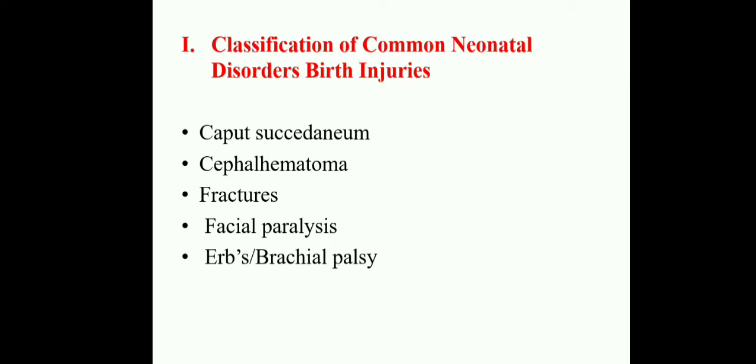The most common birth injuries in neonates are: first, caput succedaneum; second, cephalohematoma; third, fractures; fourth, facial paralysis; fifth, Erb's palsy or brachial palsy. These are the five conditions mostly seen under birth injuries, commonly affecting newborns. Okay, we will discuss one by one.